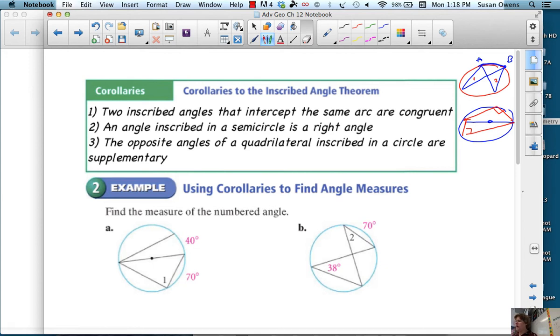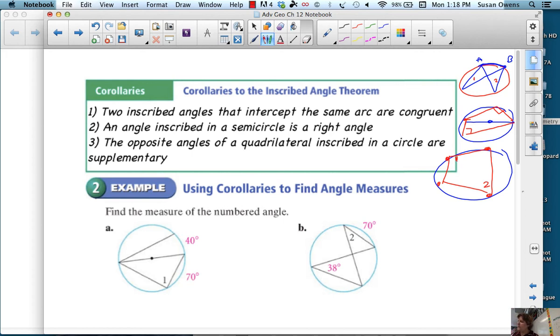And the last one I have is opposite angles of a quadrilateral inscribed in a circle are supplementary. So if I draw a circle, and then I put 4 points on here, anywhere I want them, and then I connect it to make a quadrilateral, what's always true is the angles across from each other are going to be supplementary.